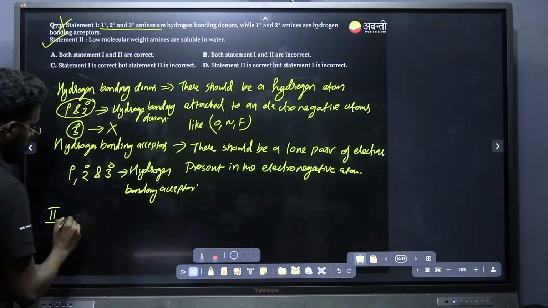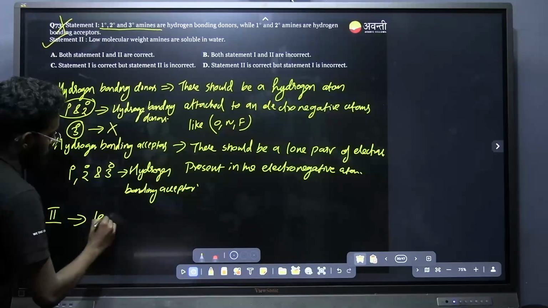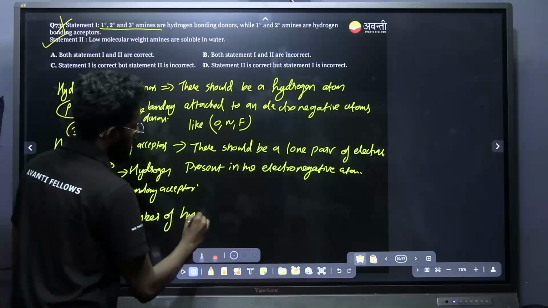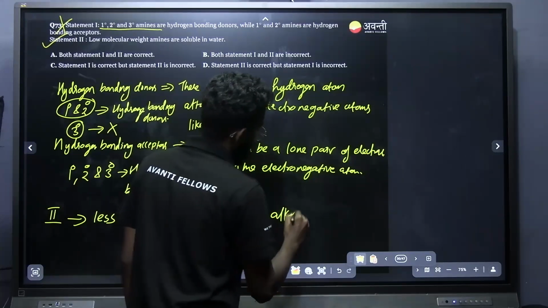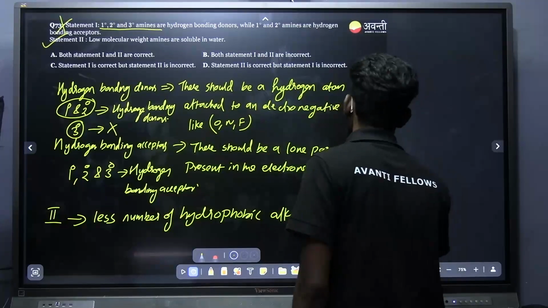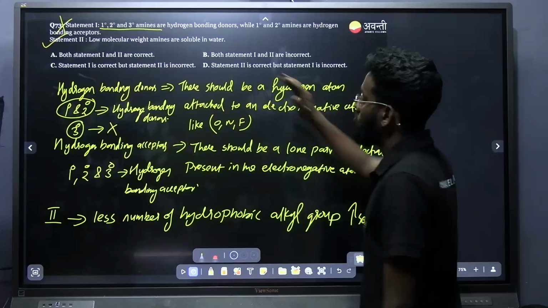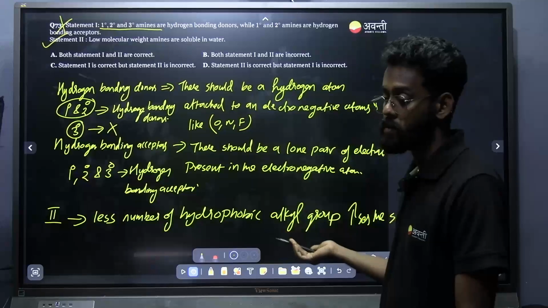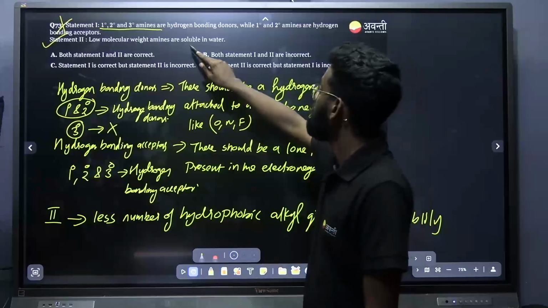It is correct because of the smaller number of hydrophobic alkyl groups. A smaller number of hydrophobic alkyl groups increases the solubility. Low molecular weight amines have fewer alkyl groups. Alkyl groups are hydrophobic in nature, which decreases the solubility. So lower molecular weight amines are more soluble in water.